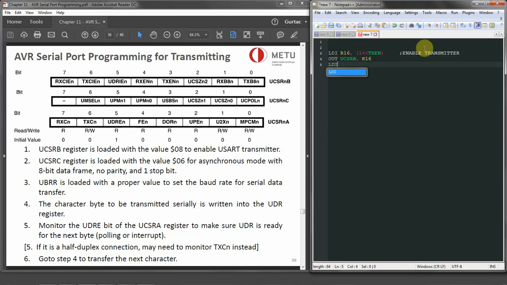Then I'll do another LDI, again R16, and I can set UCSRC.